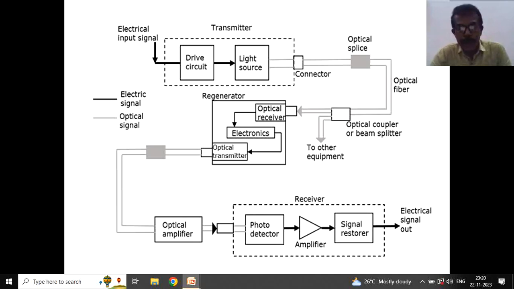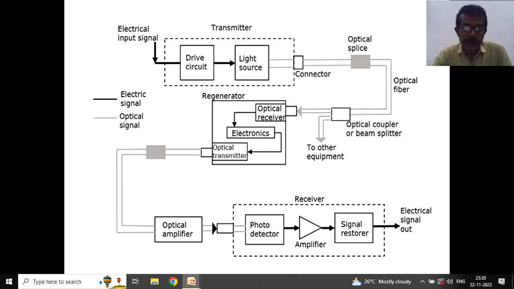So in optical communication, we have three generations: first window, second window, and third window. In these three windows, or these three generations, there has been tremendous development. An important development is the optical amplifier. Because before the optical amplifier, whenever you wanted to amplify the optical signal, first you needed to convert the optical signal into an electrical signal, because we had only electrical amplifiers.